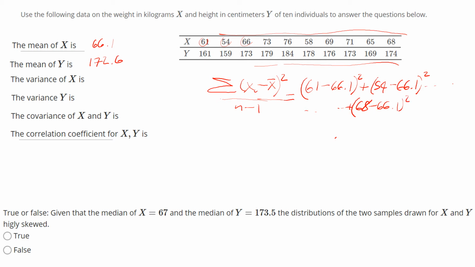And when we do that, we get some result. We divide that by 9. So all of this gets divided by 9, which is n minus 1. The answer to that is 46.76. Let's write it over here. 46.76.